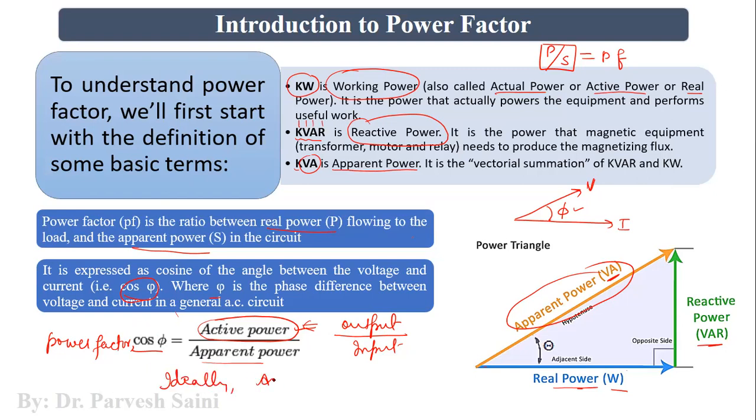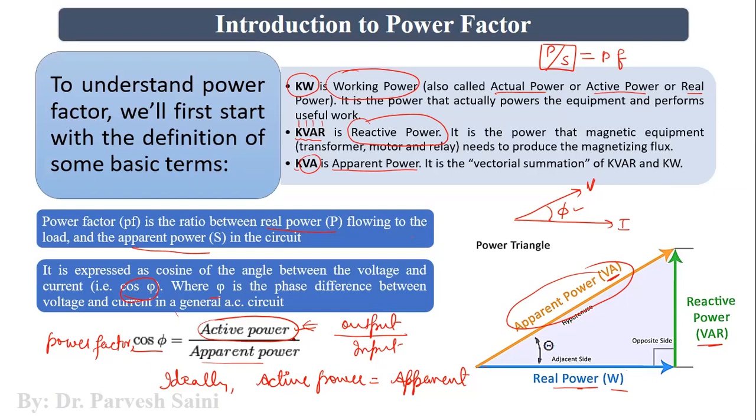Ideally, active power should be equal to the apparent power, right? That means whatever power is delivered by the source to the load, that power as it is must be utilized by the load.